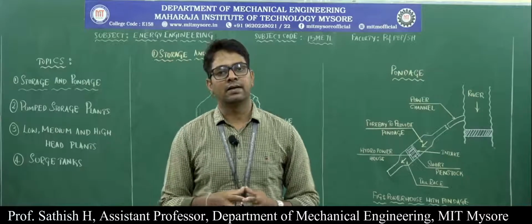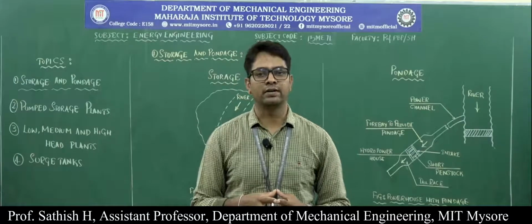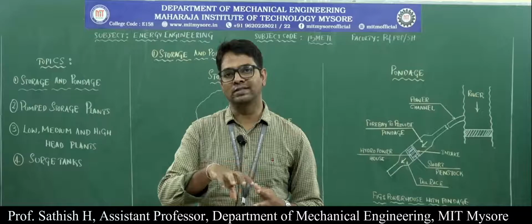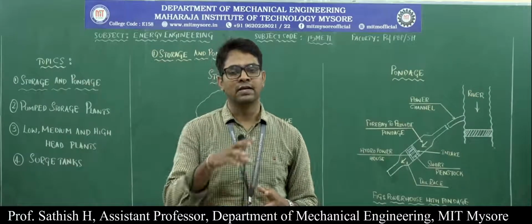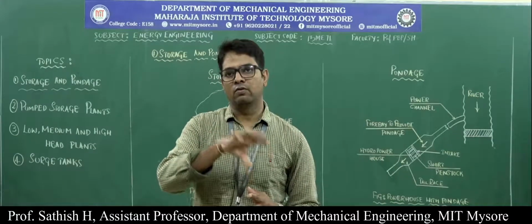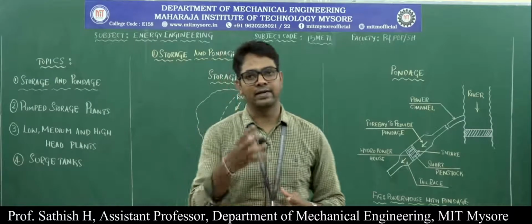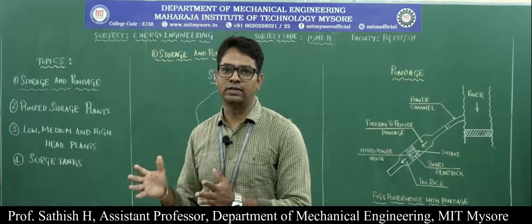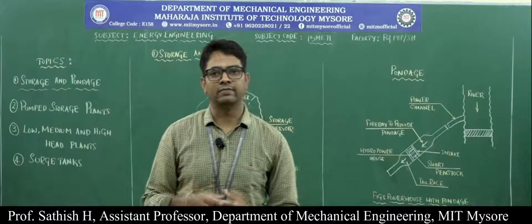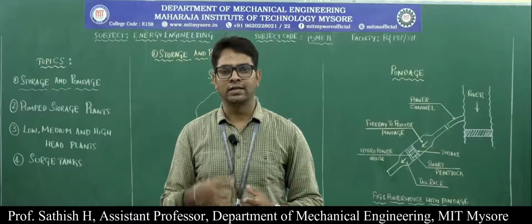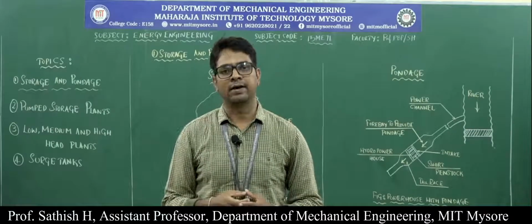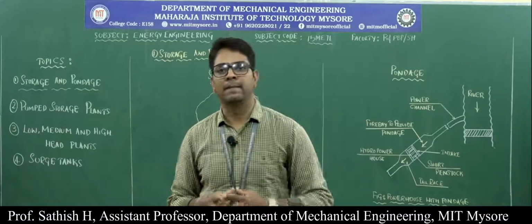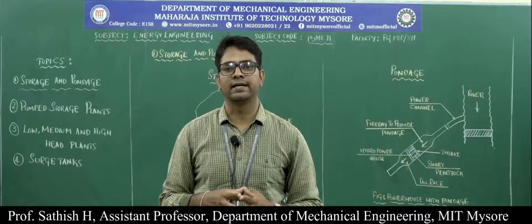Whereas in a pumped storage plant, the idea is to pump back the water which has worked on the turbine. After the water goes over the turbine, in the tail race we have a low head reservoir. There we store the water coming from the turbine, and later this water is pumped back to the main, high head reservoir.